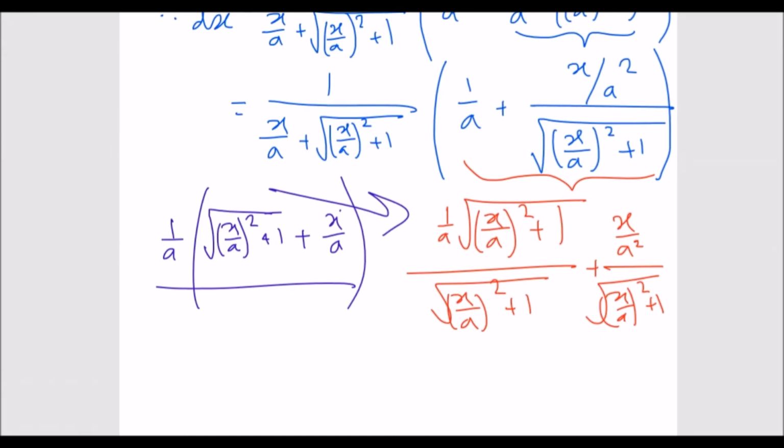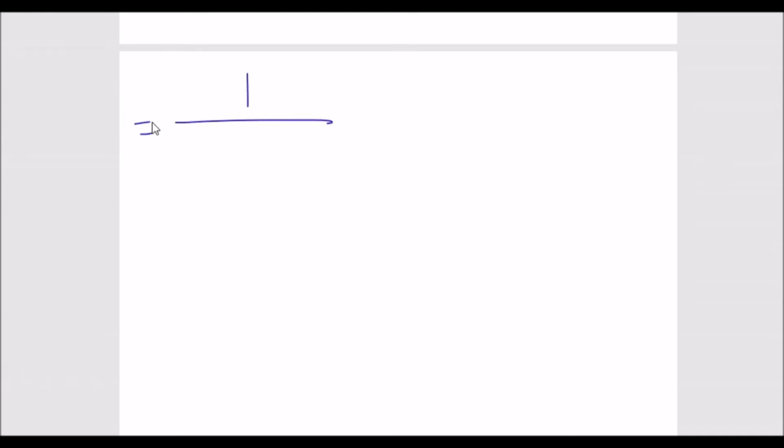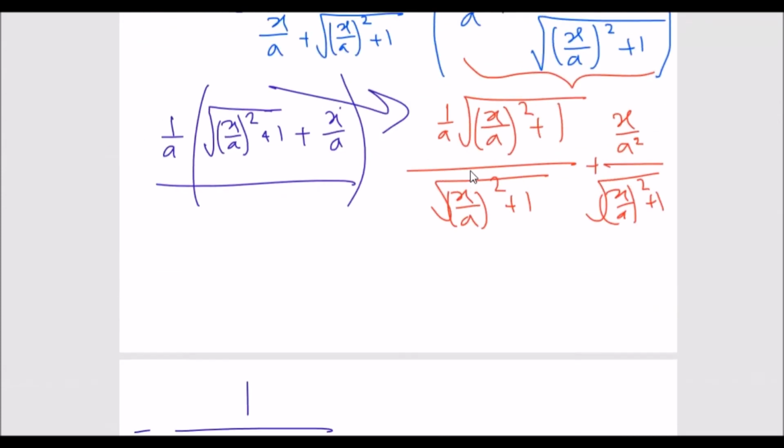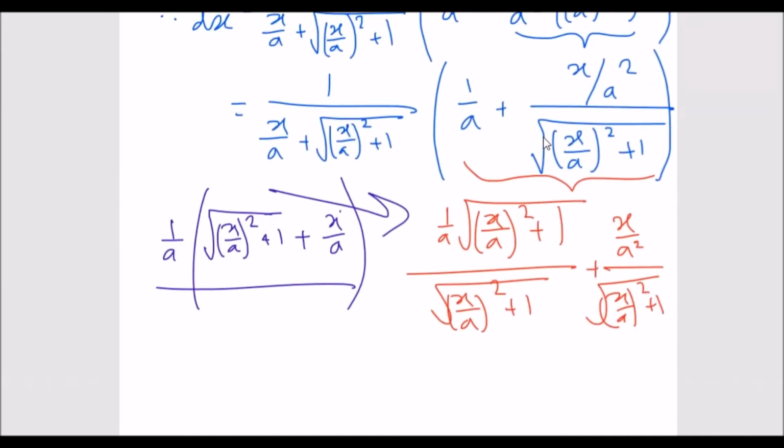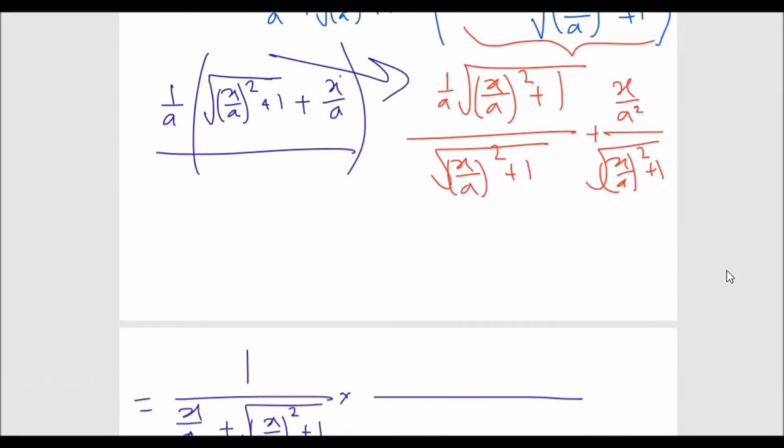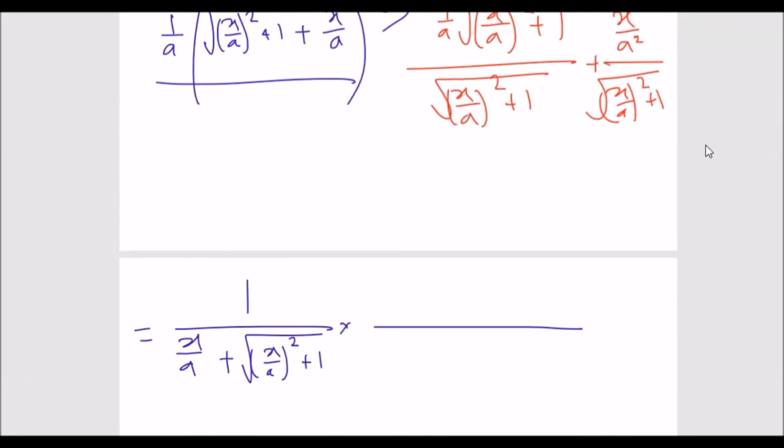So finally, let's write the whole thing neatly. I'm going to do it in one go. So we're going to have equals 1 over, okay, let's get this right, x over a plus square root of x over a squared plus 1, times, and then the big bracket here. So this all combined to make the same fraction, so let's put this over here.